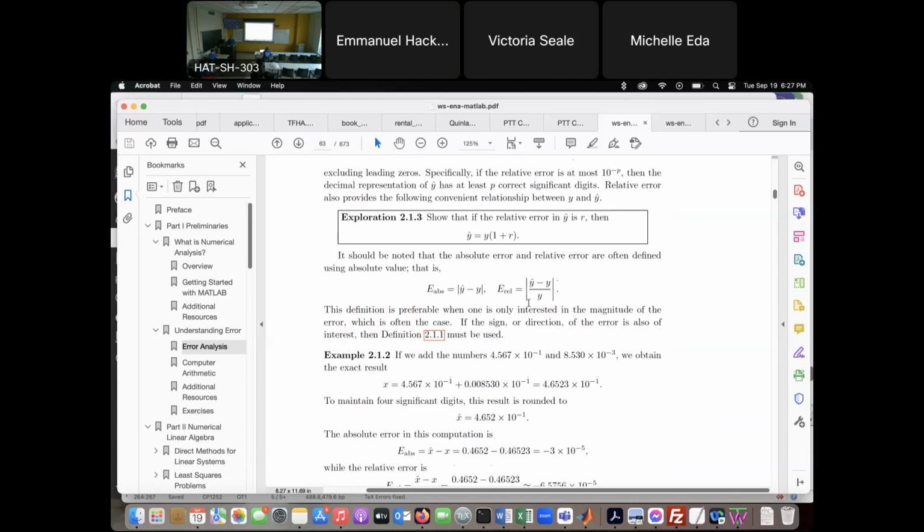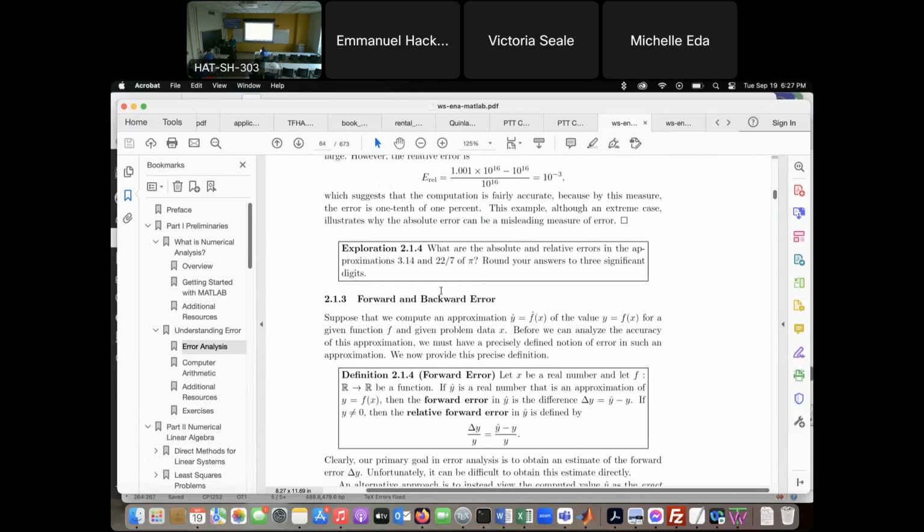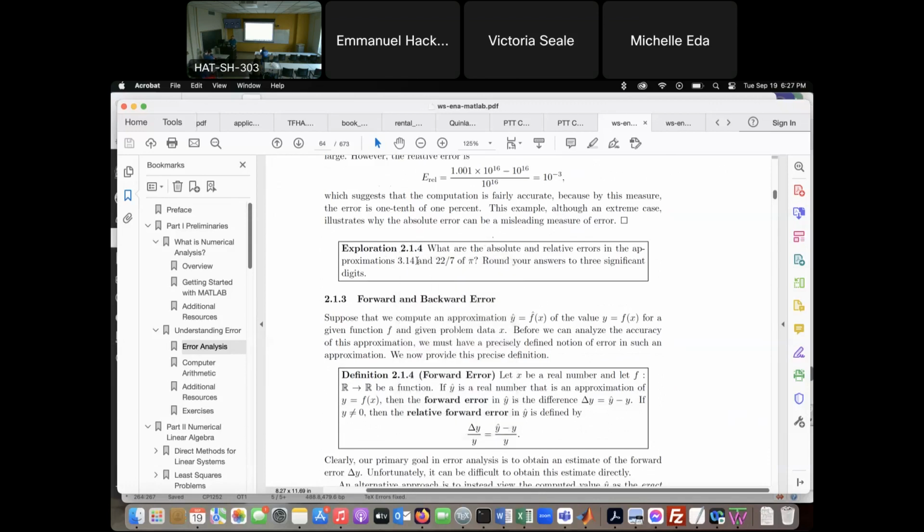Okay, so here you're just applying the definition of absolute and relative errors, first with 3.14 being y hat, the approximation, and y is pi, the exact value.